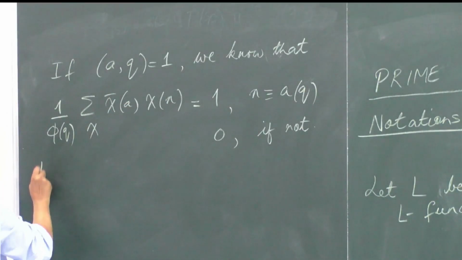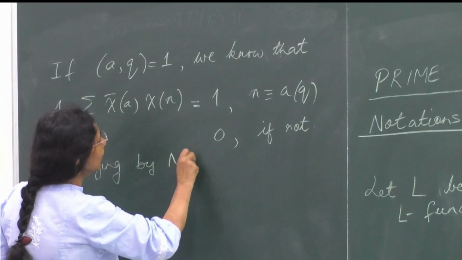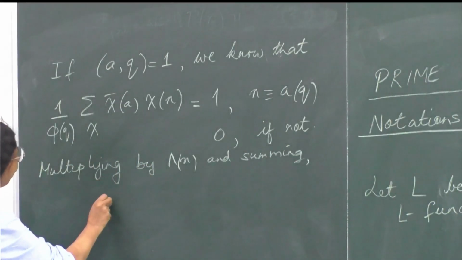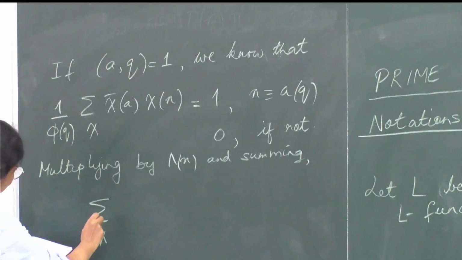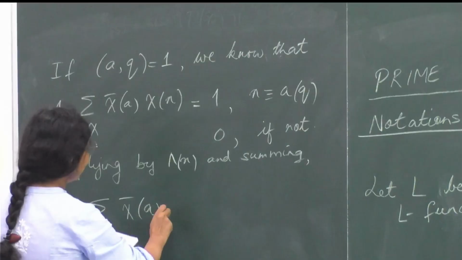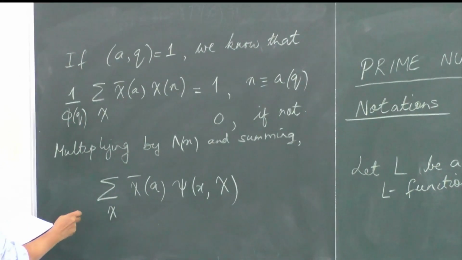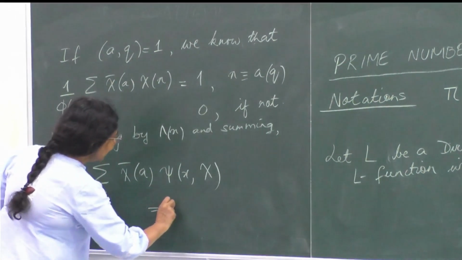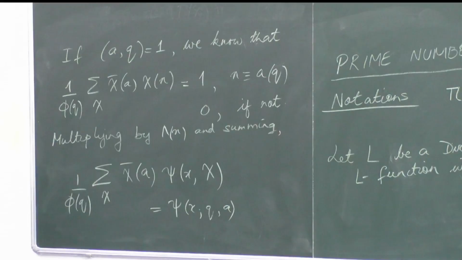Multiplying by lambda of n and summing, what we get is the sum over chi of chi bar of a times psi(x, chi), divided by phi of q, and this is equal to psi(x; q, a).